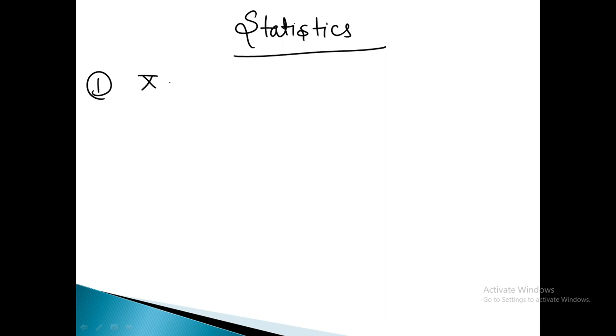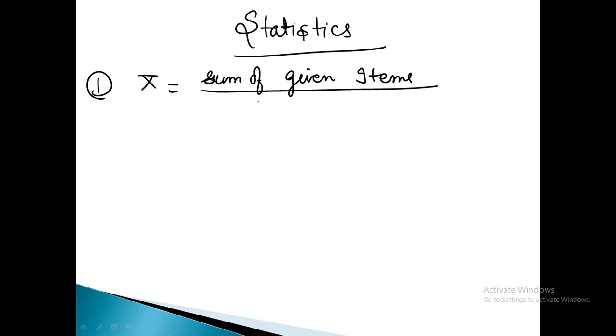And the next chapter is related to statistics. In this, if you have to find the mean on an individual series, a single series, then you can use this formula: sum of given items divided by total number of items.